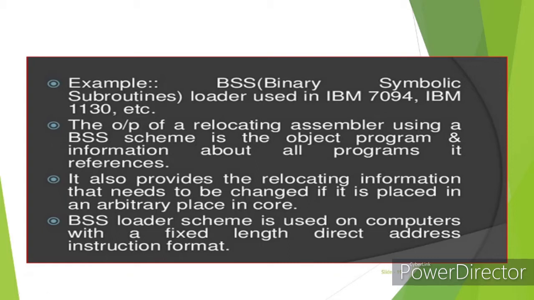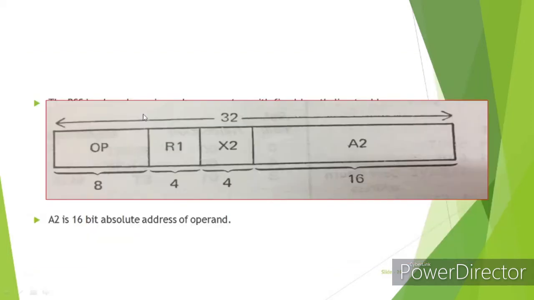This loader scheme is used on computers with a fixed length direct addressing instruction format, as in the IBM 7094 and IBM 1130. This is the instruction format where the opcode is 8 bits, R1 is 4 bits, X2 is 4 bits, and A2 is 16 bits.